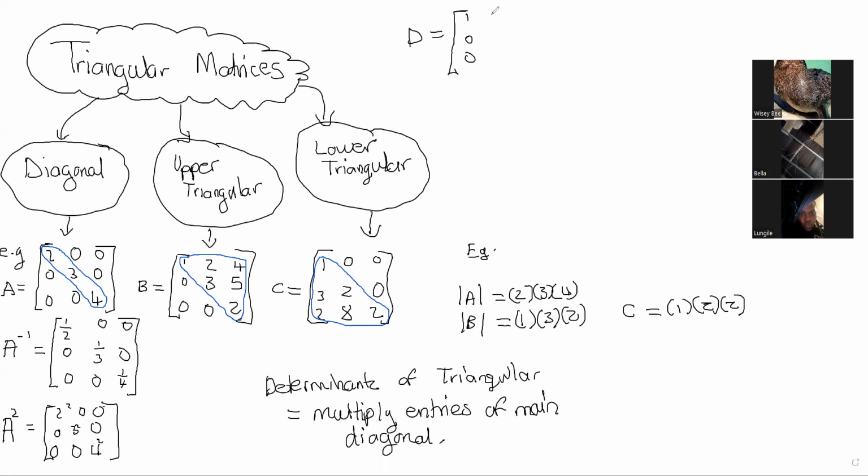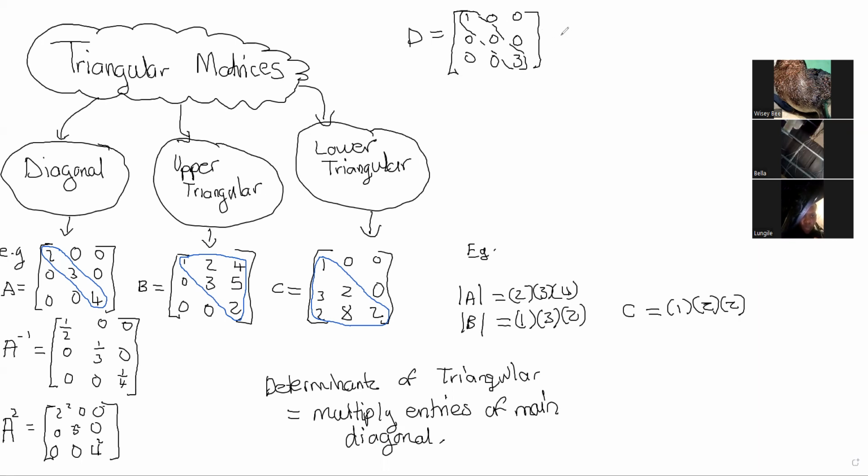Say we have a 0 here. We've got a 0 here, a 0 here, a 0 here, and we've got a 3. This is a diagonal matrix because if we highlight the diagonal here, you've got 0 entries above and below.